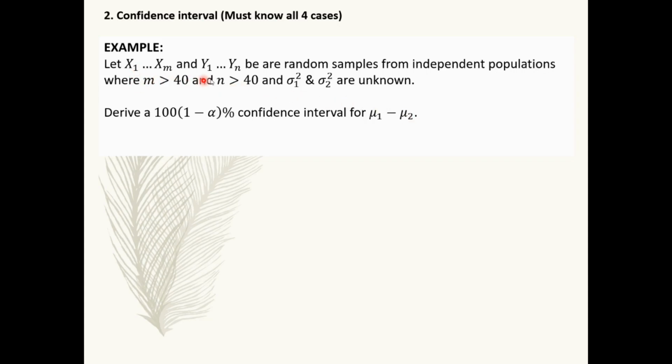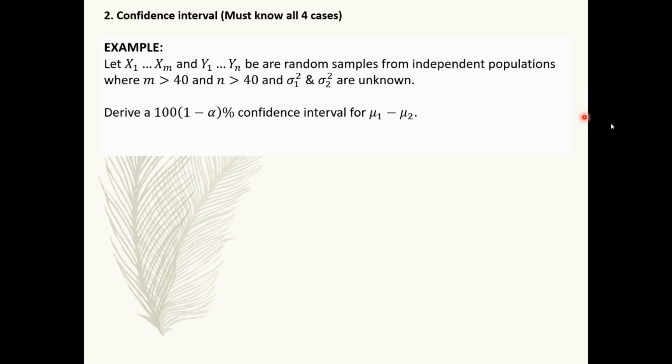We're given 2 random samples, one of size m and the other of size n, where m is greater than 40 and n is greater than 40 as well. The variances are known, and note they are independent populations. We need to calculate a 100(1 minus alpha) percent confidence interval for mu1 minus mu2.